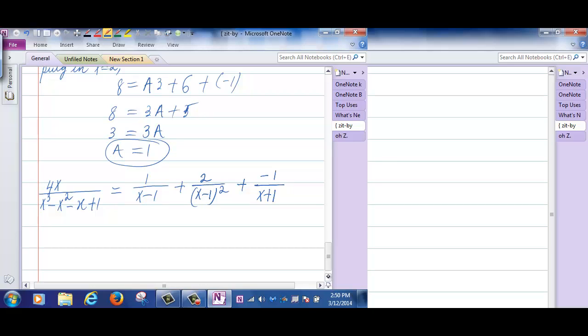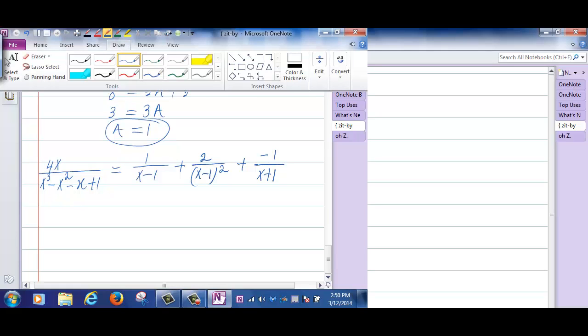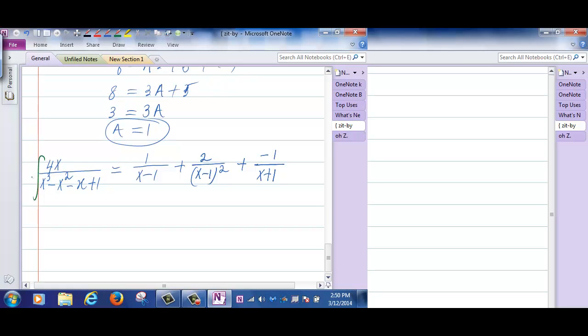Okay, let me just point out, at this point if I want to integrate, then I have to integrate this quantity here, right? And what's the integral?